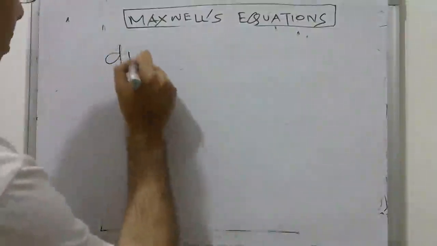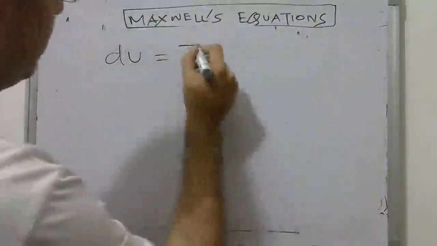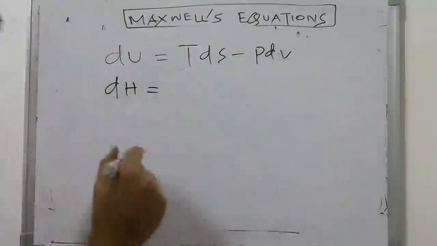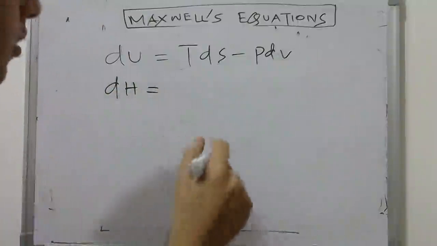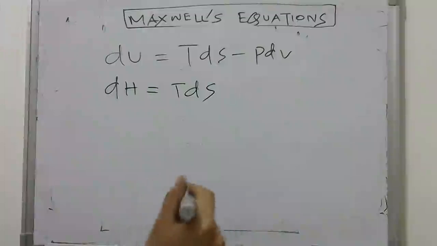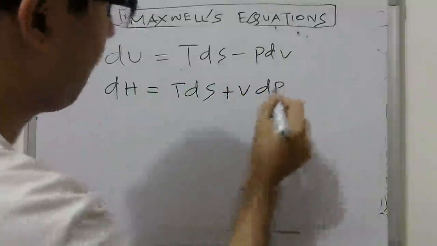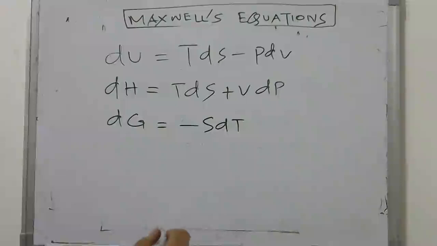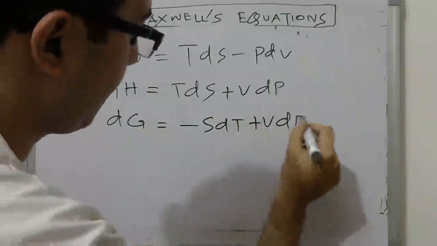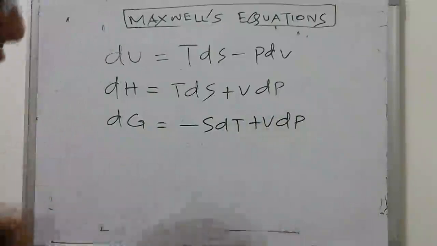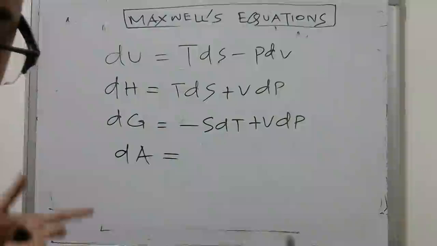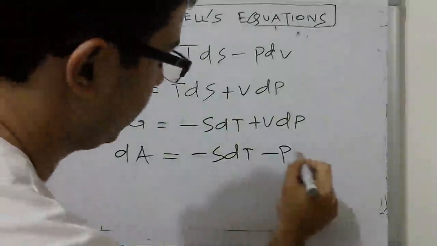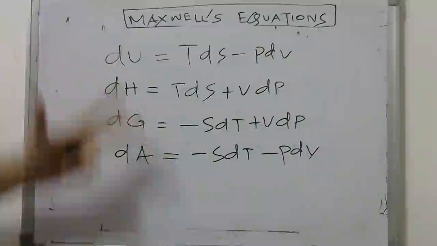That is, dU is equal to TdS minus PdV, dH is equal to TdS plus VdP, dG equal to minus SdT plus VdP, and dA equal to, A is U minus TS basically, minus SdT minus PdV. So this relationship you have to remember.